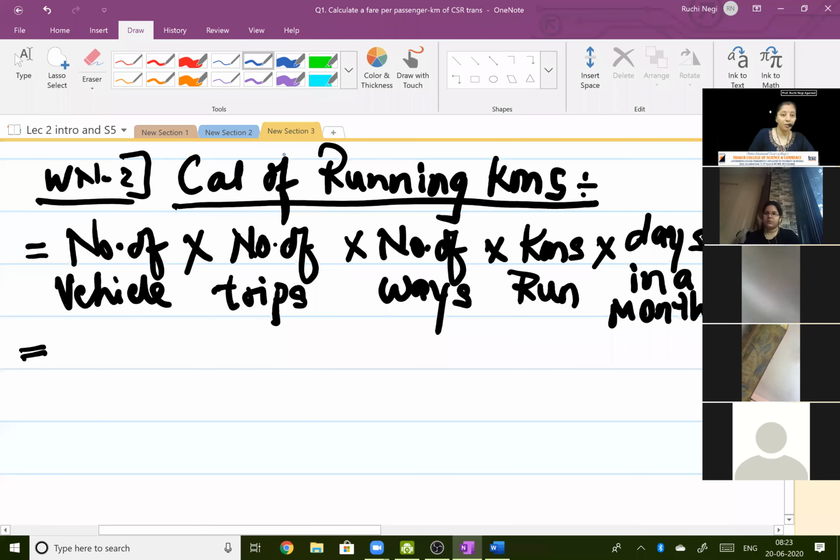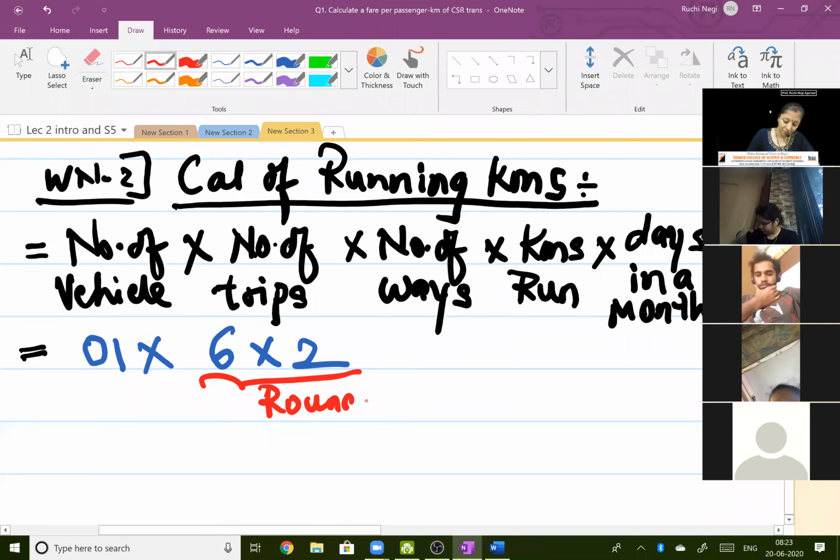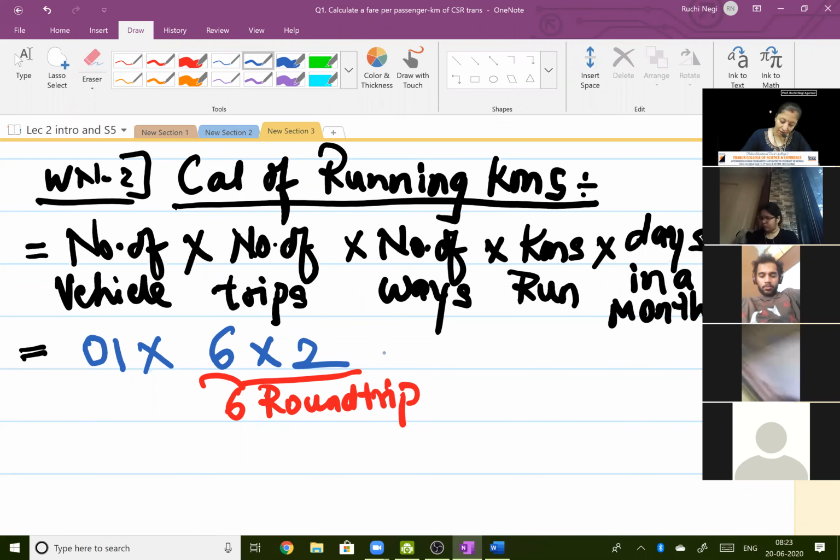Number of vehicles, there is only one minibus, so 1 into number of trips. I told you 6 round trips, so 6 into 2. Okay, so this is a round trip. You will go and you will come back. Next, kilometers run.